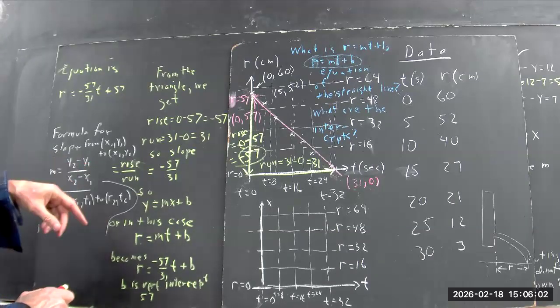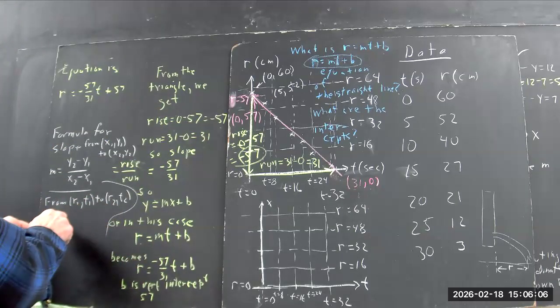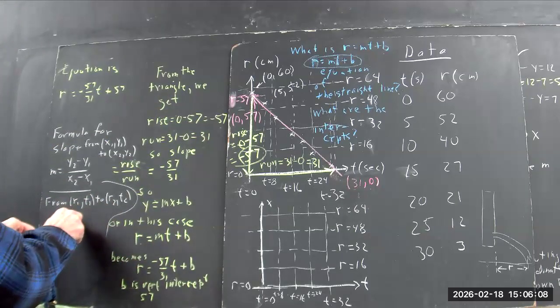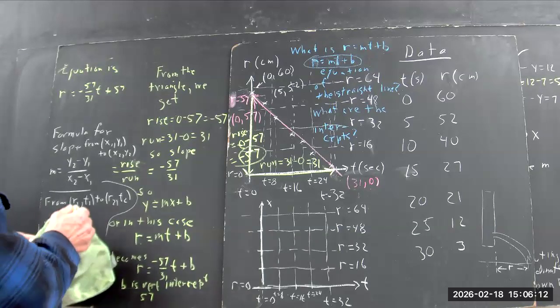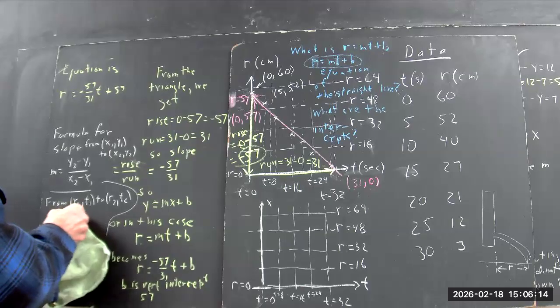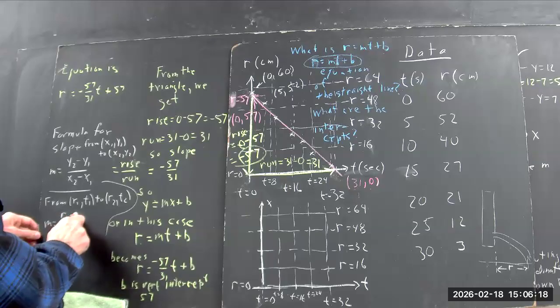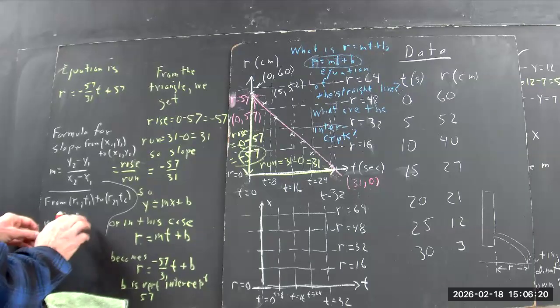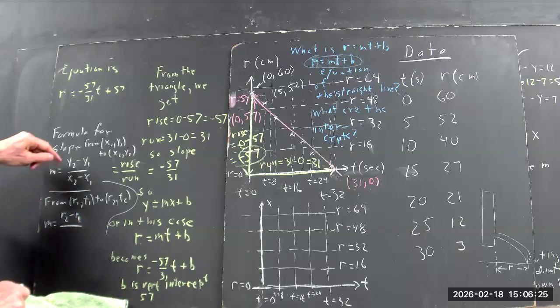Instead of y2 minus y1, it's going to be t2 minus t1. And that's wrong. It's going to be r2 minus r1, since r is your vertical variable.